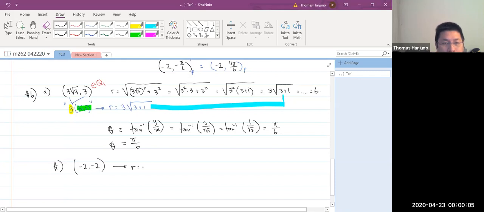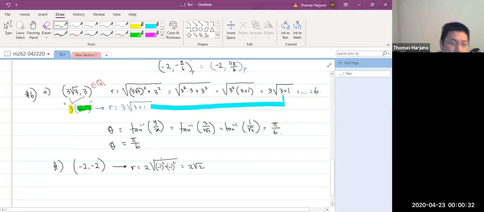So the radius equals 2 times the square root of 1 squared plus 1 squared, which equals 2 radical 2. Supposed to be -1 squared, -1 squared. I write it down so that you don't get confused.